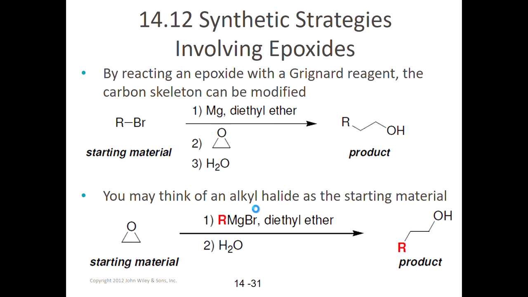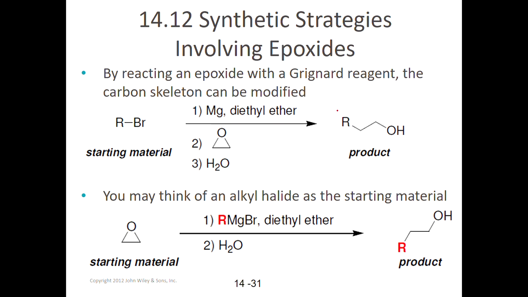All right, a couple other synthetic issues. When you're dealing with a Grignard, there are really three reactions that you want to focus on for the most part that the Grignard is going to do.